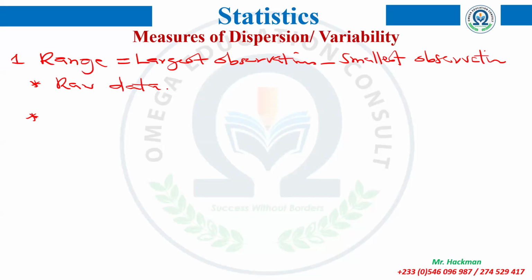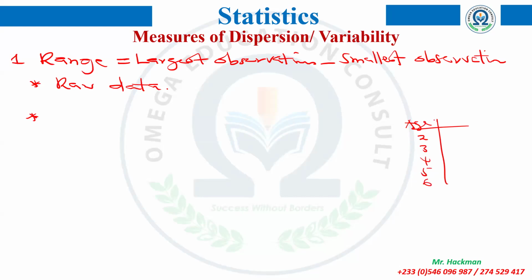ungrouped frequency distribution table, let me take you to one. Assuming I have this as my own frequency distribution table, maybe age in years, and I'll have 2, 3, 4, 5, maybe 6.